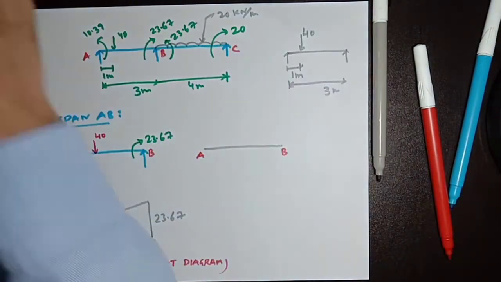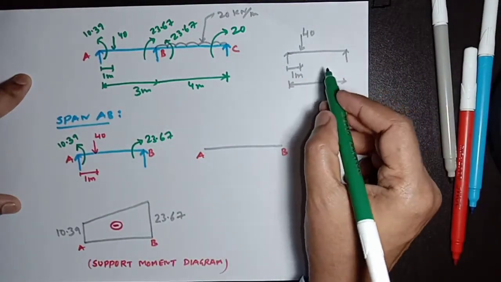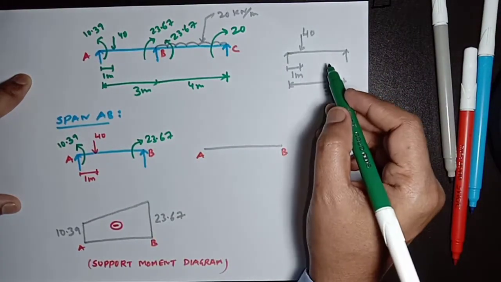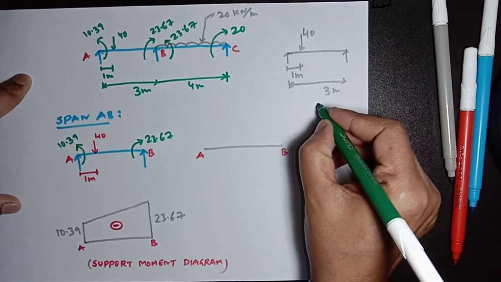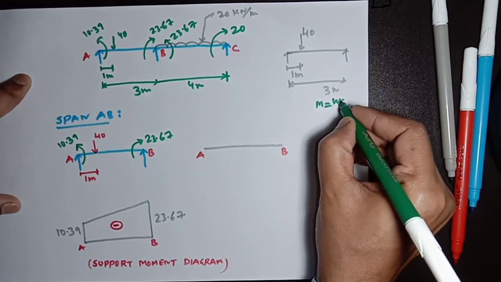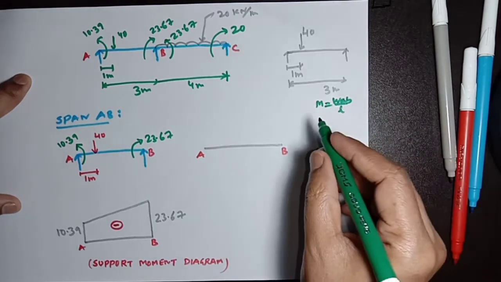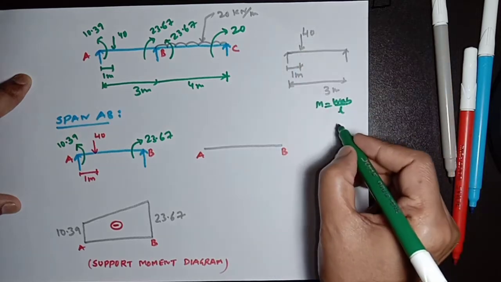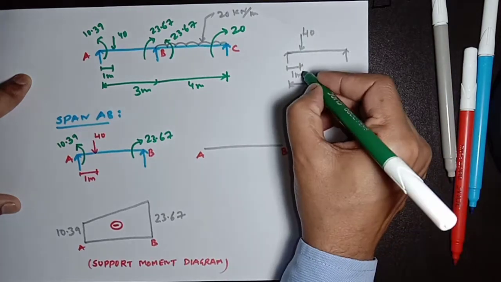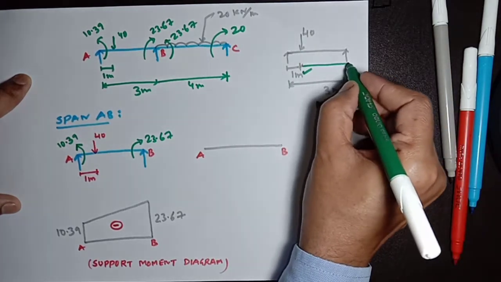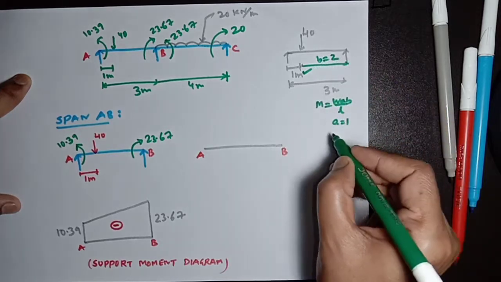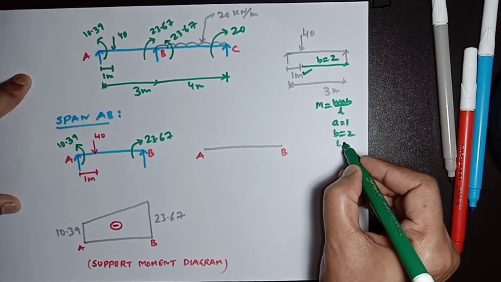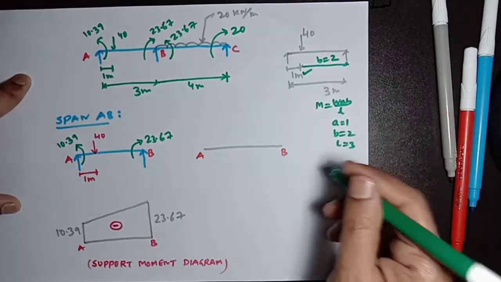As we know, for a simply supported beam having a point load, the moment is WAB divided by L. Here a is equal to 1, b is 2, and L is equal to 3, the total length.